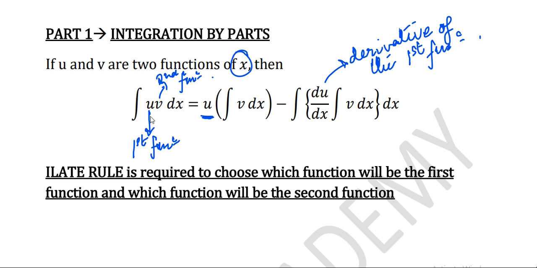So this is the actual formula for integration by parts.